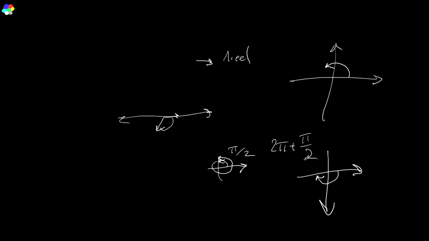Don't quote me on that one, people. And exactly 0 is equal to 2 pi, and so on and so forth. So it's exactly the same. So you can have an angle of like 1,000,000 pi, and it would be exactly the same as some other angle that's really small.